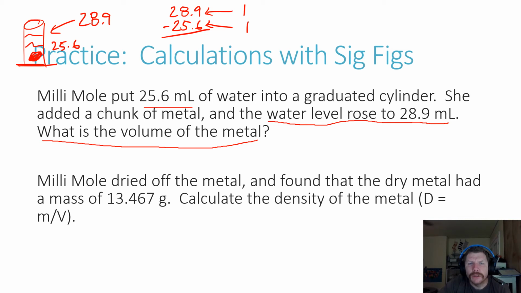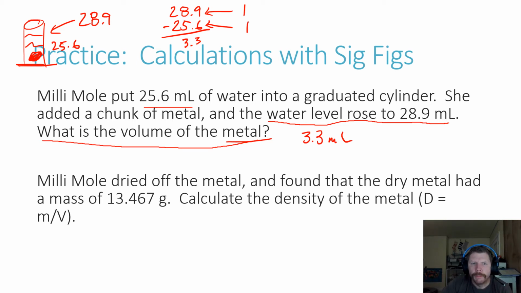My answer is 3.3. Did I care about the number of significant figures? No, I don't. So the volume of my metal is 3.3 milliliters. I hope that makes sense for everyone.